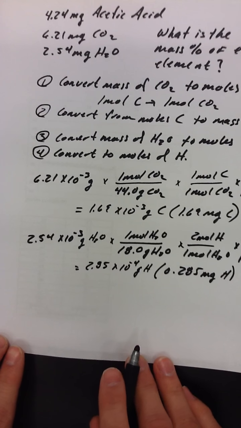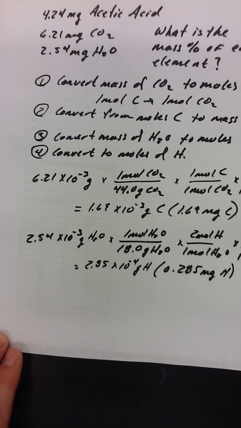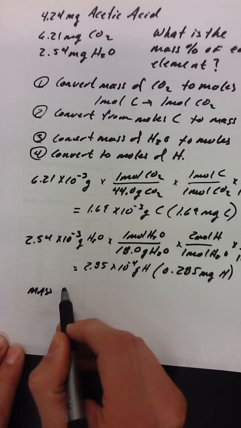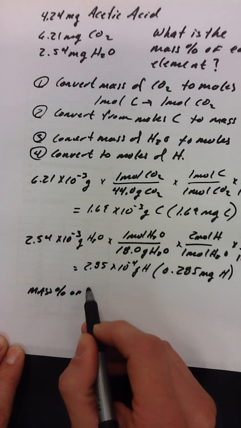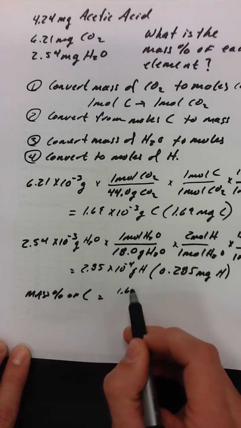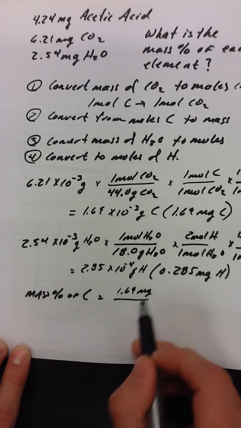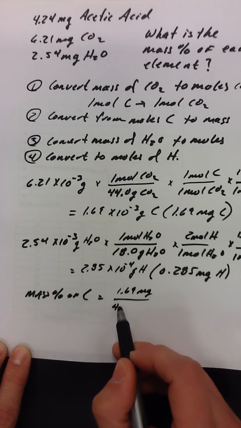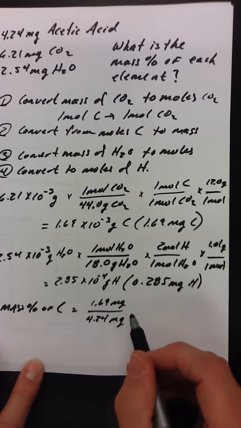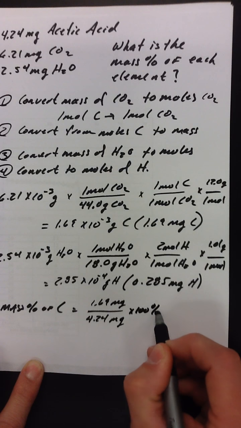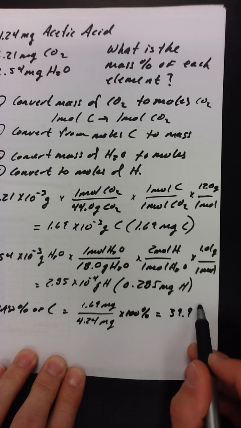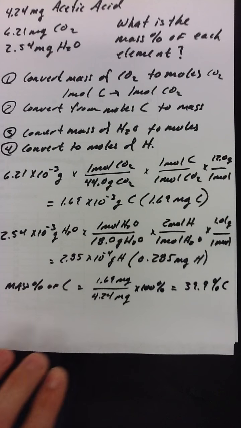So let's go ahead and find the mass percentage of each one of these. We'll start with carbon. So the mass percent of carbon is the part divided by the whole, or 1.69 milligrams divided by the weight of the original sample, 4.24 milligrams, multiplied by 100%, and we get 39.9% carbon.